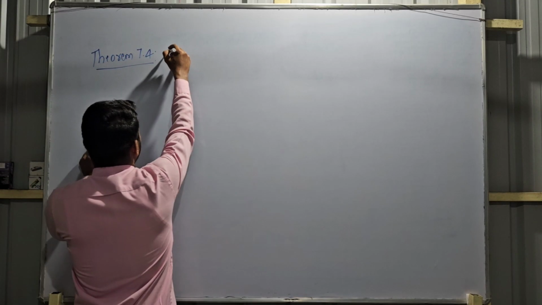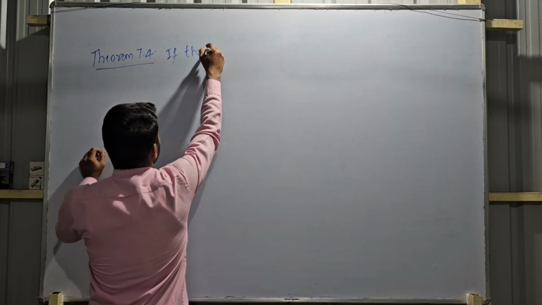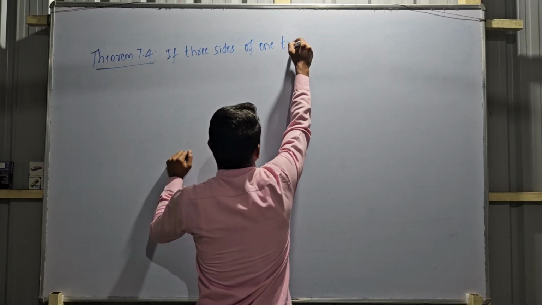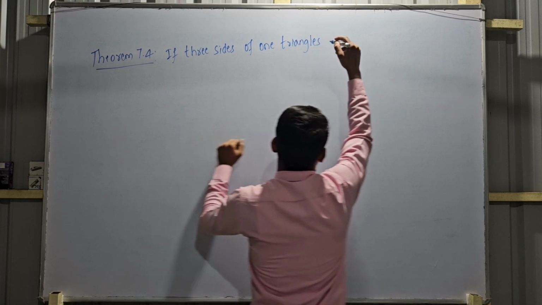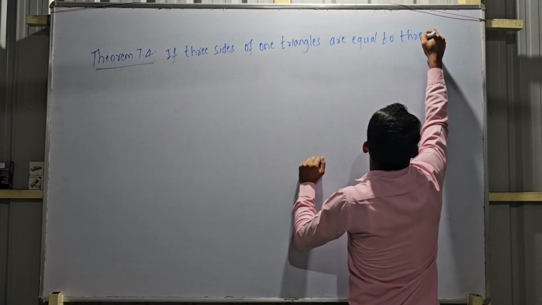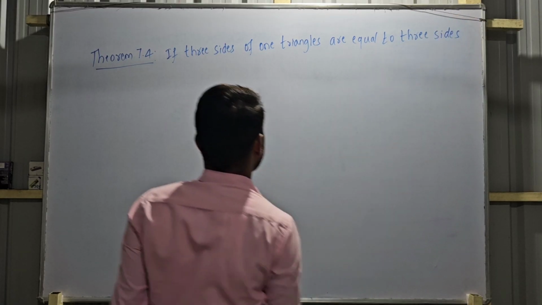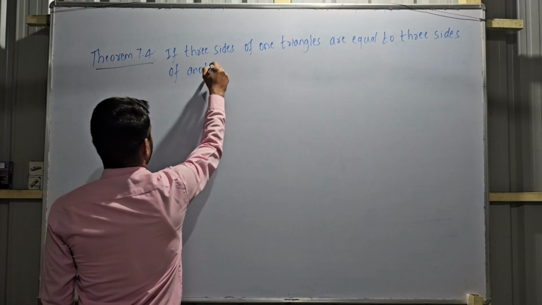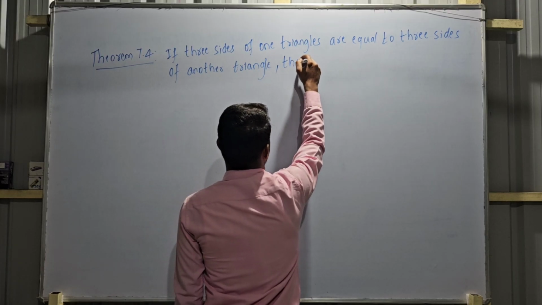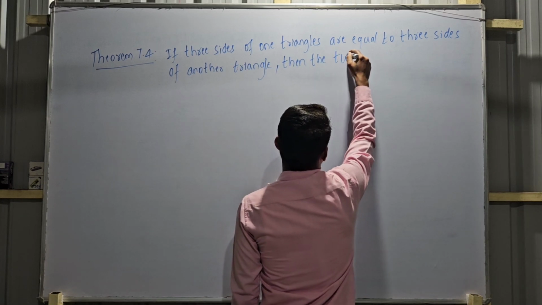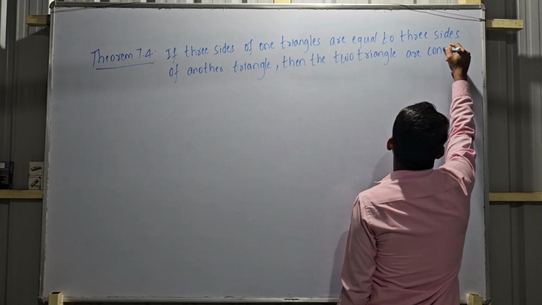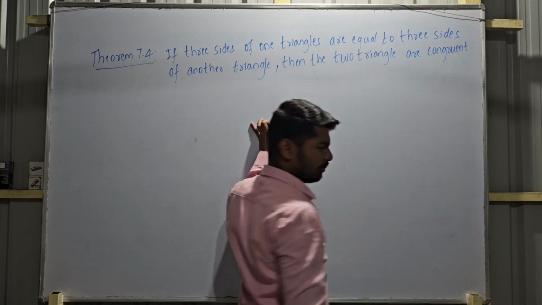One more criteria: if three sides of one triangle are equal to three sides of another triangle, then the two triangles are congruent. Simple statement and simple thing.